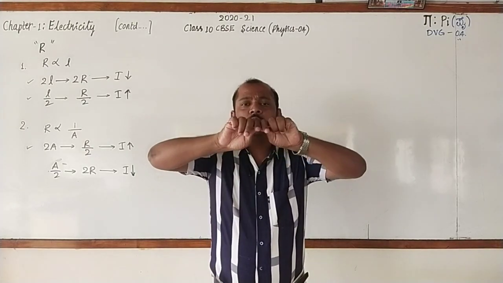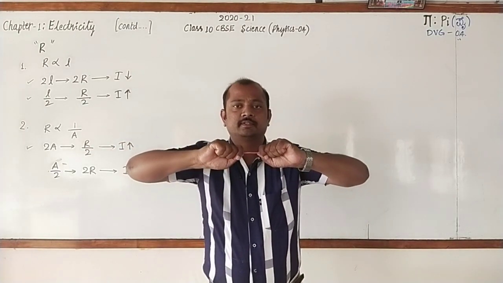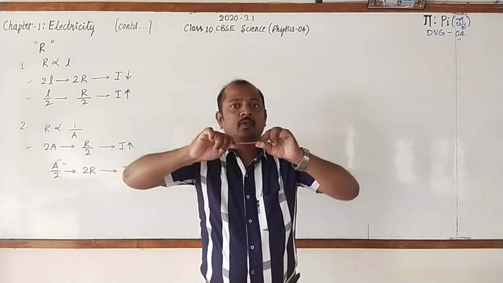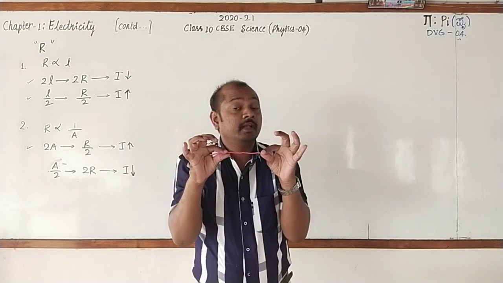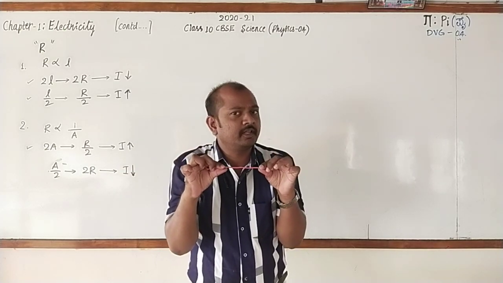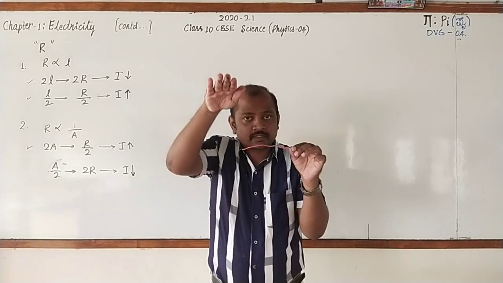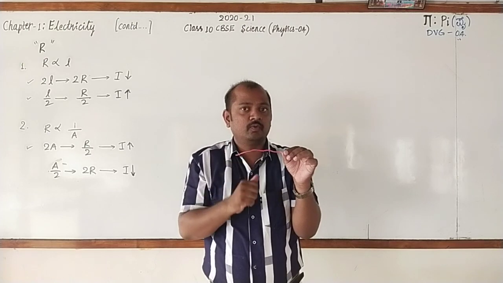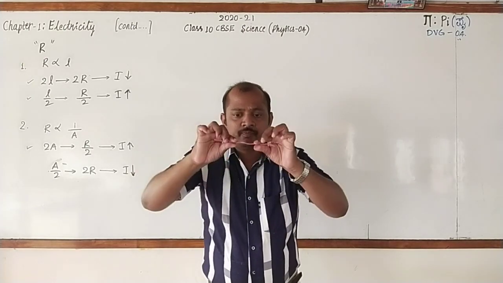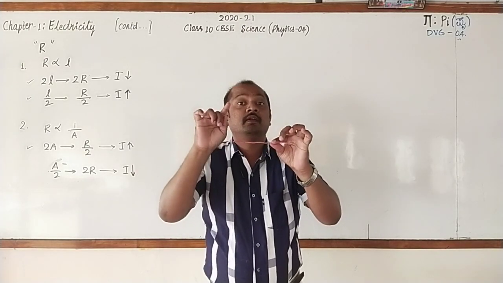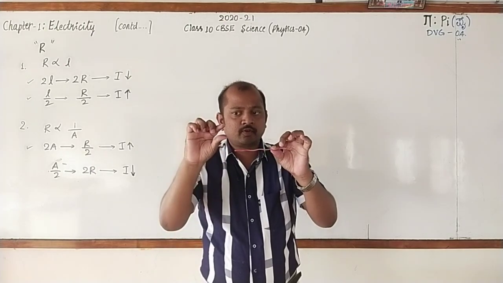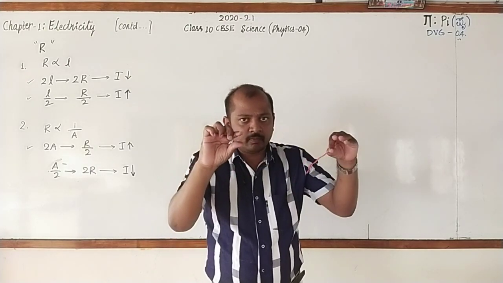Got it? Now I am going to take the wire. The wire is going to be stretched like this. On stretching, what will be the electric resistance? Whether it increases or decreases? Yes, you are right. Electric resistance increases. How? On stretching, the thickness of the wire decreases. Electrons will get less space for their movement.